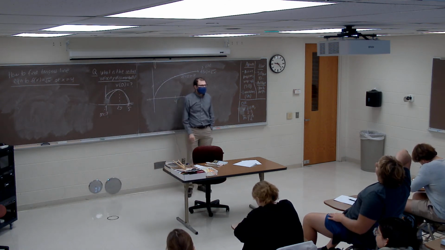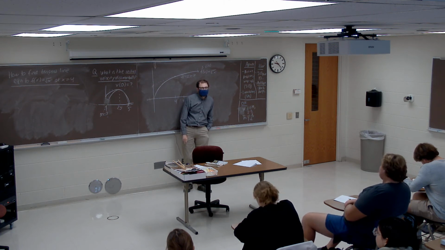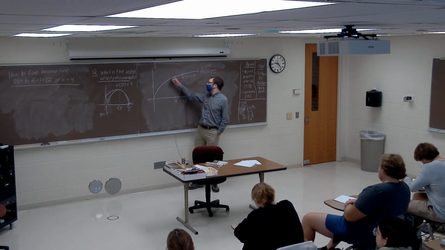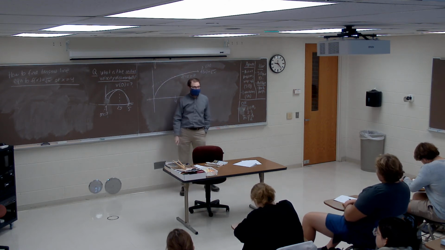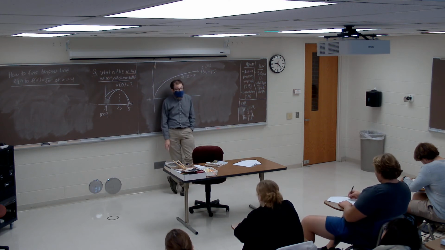So, what information do we need if we want to find an equation for a line? It's a high school algebra type question. If I want to find a formula for this line right here, what sorts of information could we use to help us find that formula?